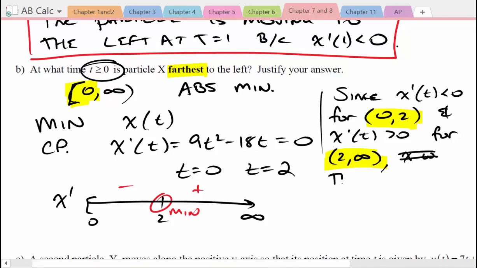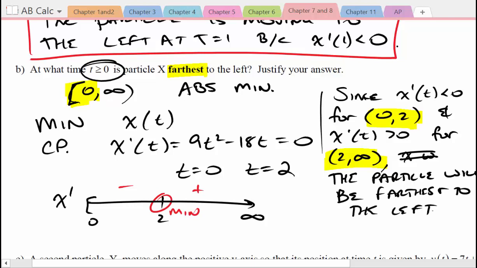Actually we should say the particle will be farthest to the left at t equals 2.